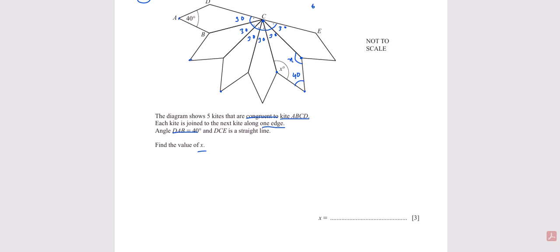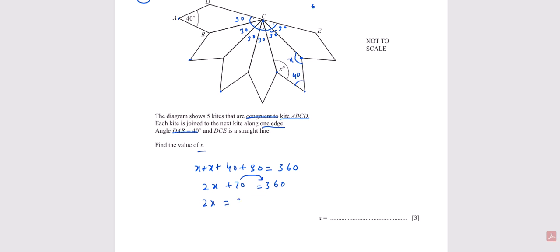First of all, this x plus this x, plus this angle equal to 40, plus this angle equal to 30. The sum of these angles is equal to 360. So x plus x is equal to 2x. The sum of these values is 70. So 2x plus 70 is equal to 360. Shift this value to this side.